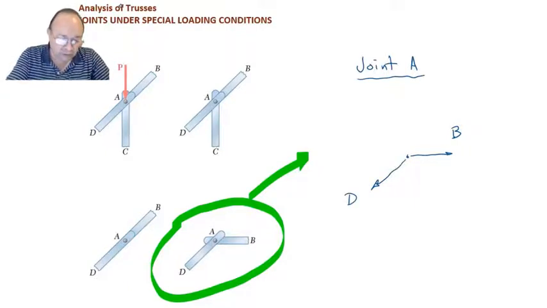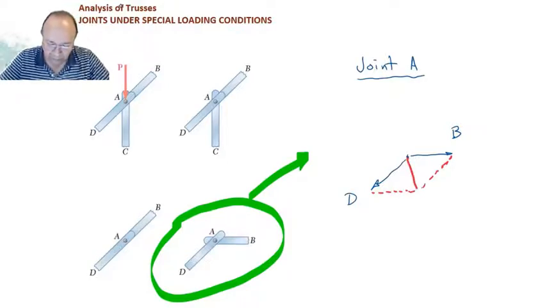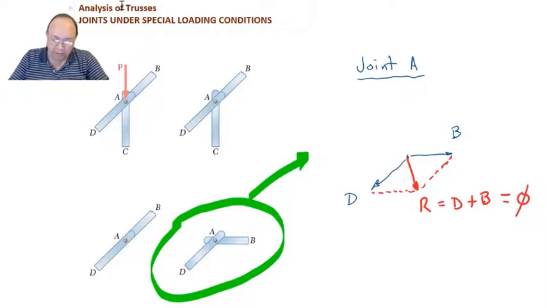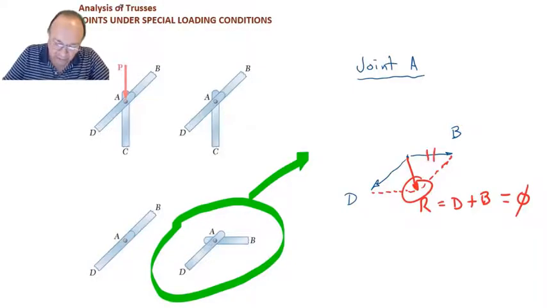Because if we do the construction of the parallelogram in order to get the summation of these 2 forces, this will be the resultant of D plus B. And if this joint is in equilibrium, that resultant has to be equal to 0. The only way that this resultant doesn't exist is that this is 0 or this is 0. If they are not 0, the only choice that we have is the previous case, that both forces are collinear.